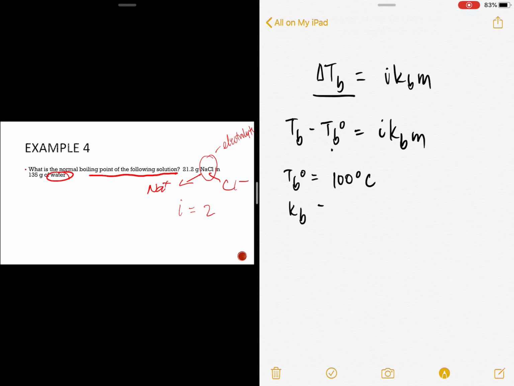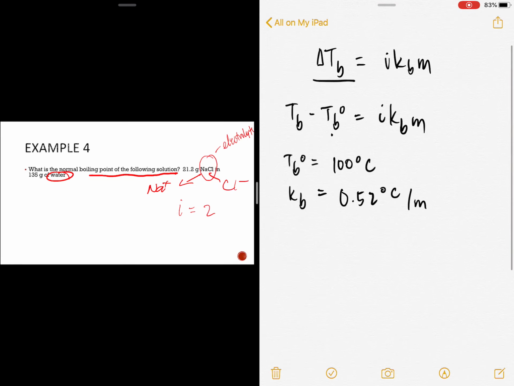And the Kb, or the ebullioscopic constant, you should also be familiar with, because water is the universal solvent. So 0.52 degrees Celsius per molal.